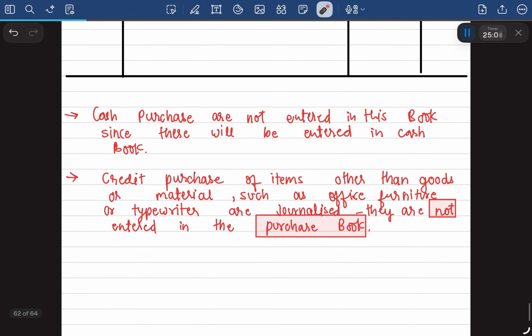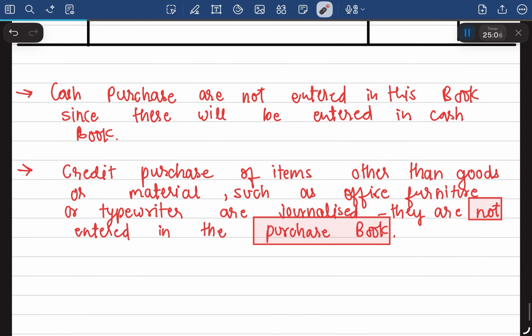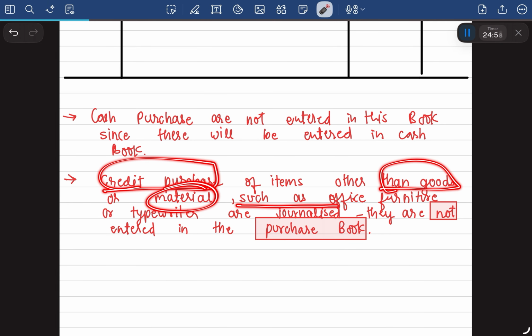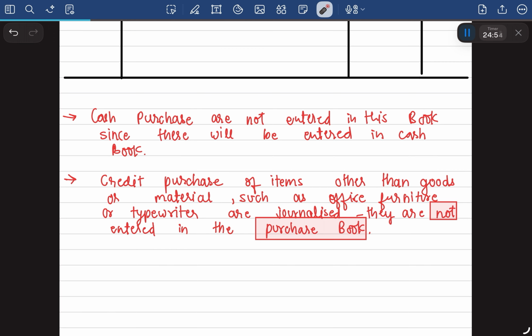Secondly, credit purchase items other than goods or material, such as office furniture, typewriter, and anything except goods, all are things we will journalize.